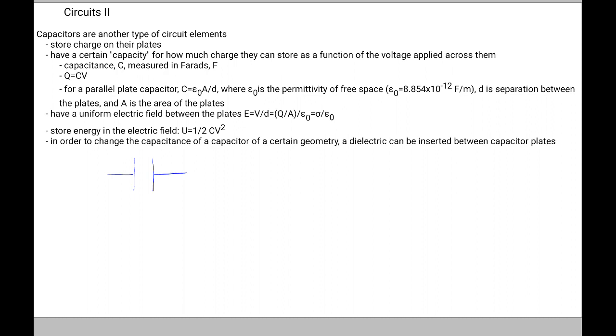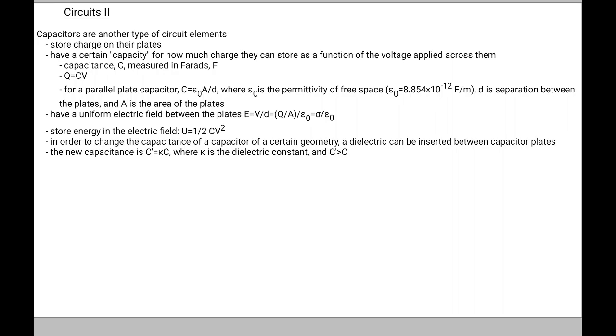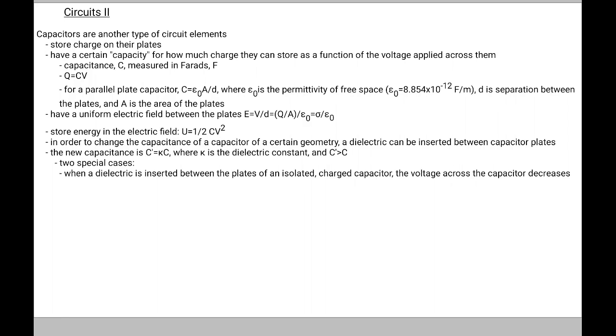I can insert a material between the plates, and this material is a dielectric with a dielectric constant kappa, so that the new capacitance will be kappa times C. This dielectric constant is greater than 1, so the new capacitance with a dielectric in it is going to be greater than the capacitance without a dielectric.